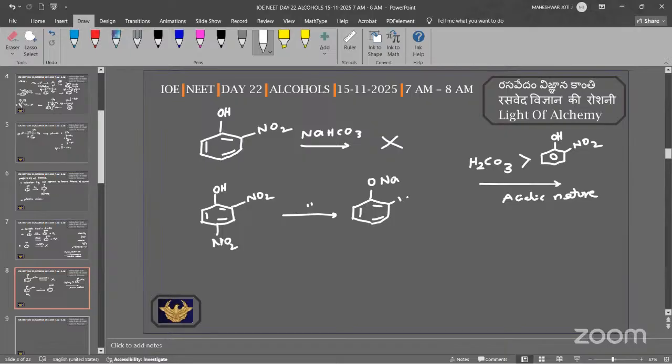ONa, with one NO2 group at the ortho position and one NO2 group at the para position. Why? Because ortho-para-dinitrophenol is more acidic than carbonic acid.